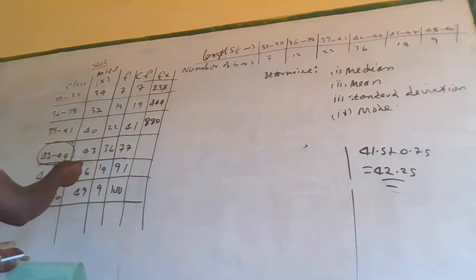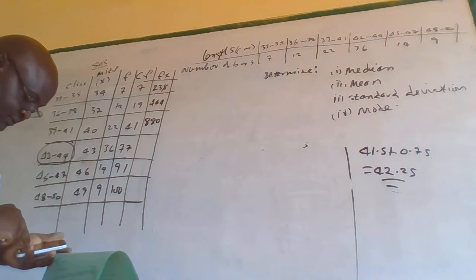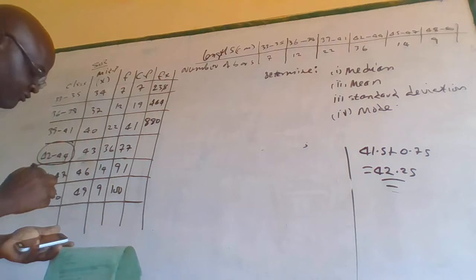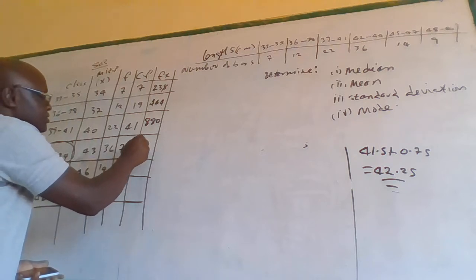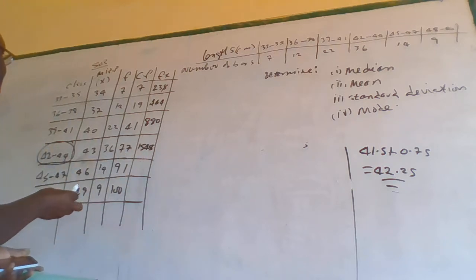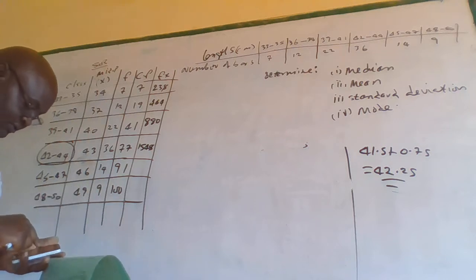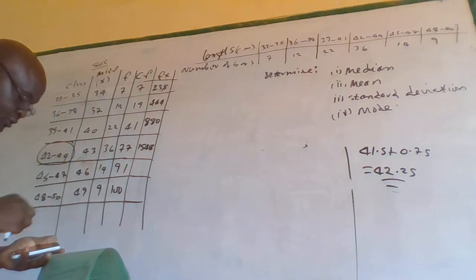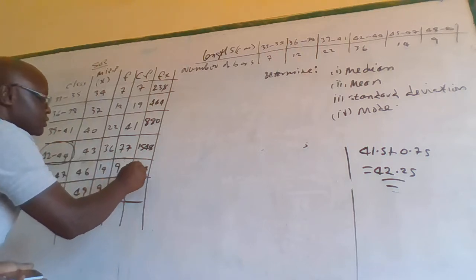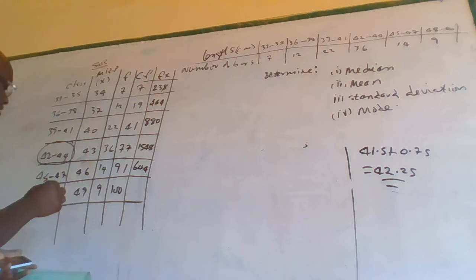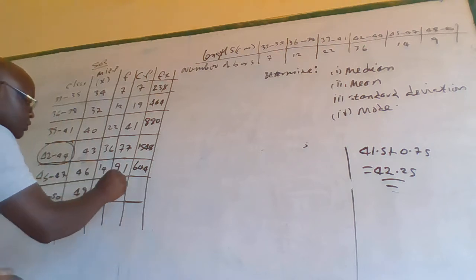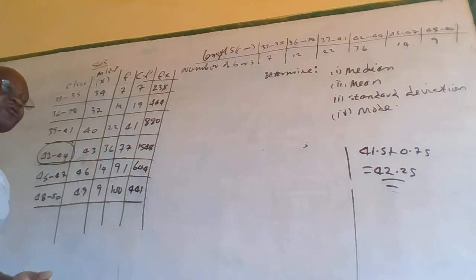Then we have 43 times 36. 1548. Then 46 times 14. 644. Then 49 times 9. We have 441.